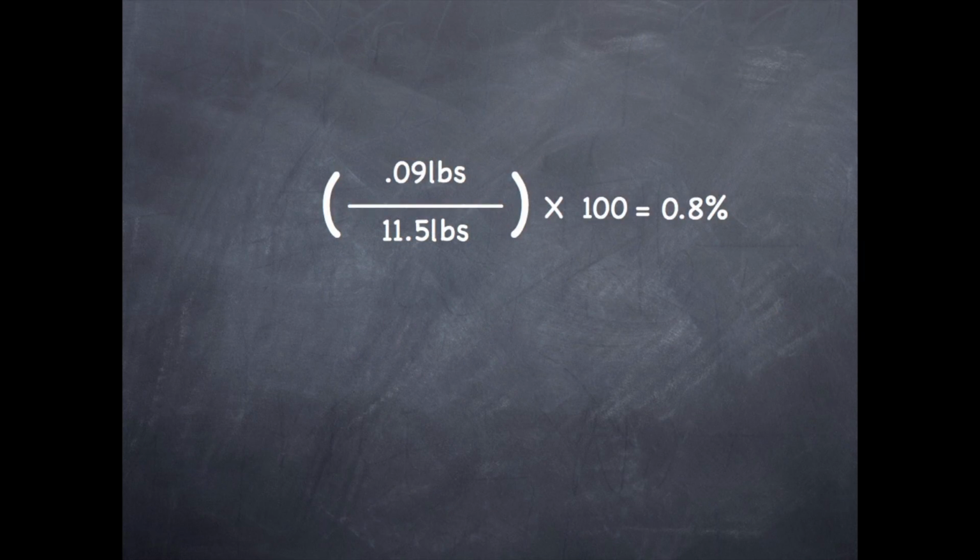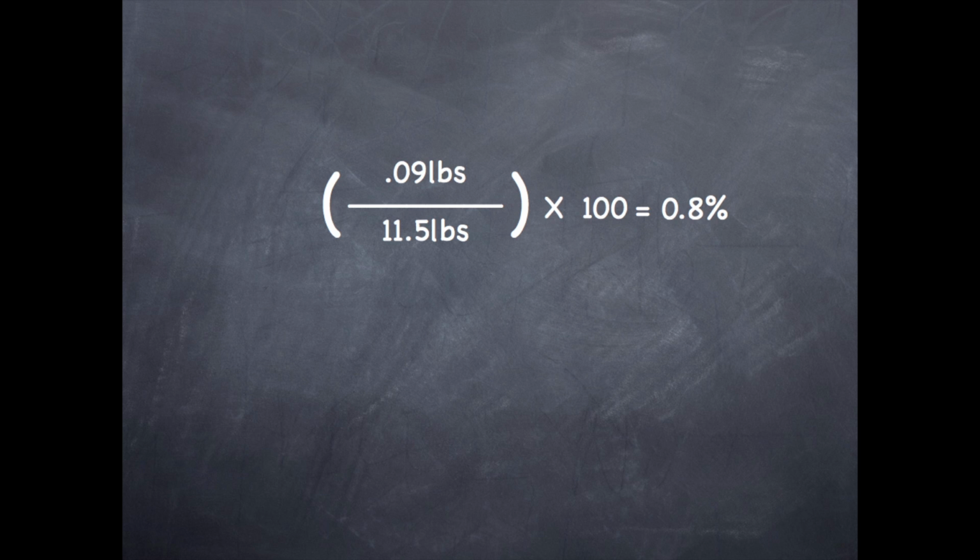Now for this example, let's just assume for a moment that 0.09 pounds of material passed through that sieve after 1 minute of hand agitation. We would take the 0.09 pounds divided by the original sample weight, 11.5 pounds, and multiply this value by 100.